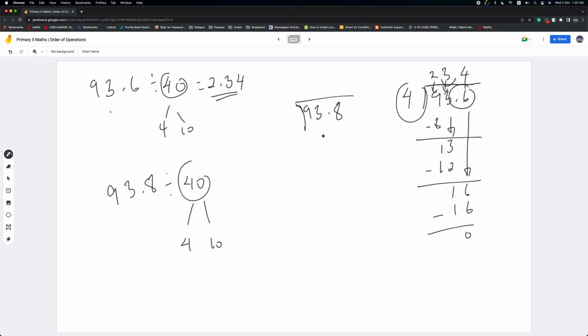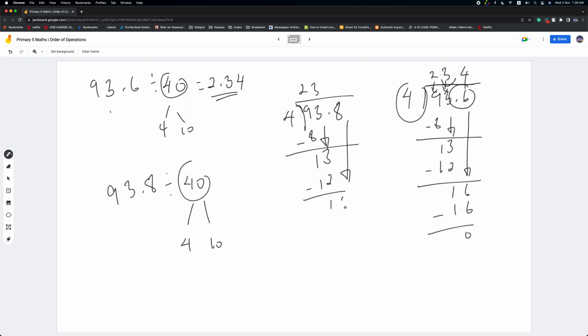Sorry about that, I got distracted. I wanted to show what happens if there is a decimal. If they say leave your answer in 2 decimal places, we'll divide by 4. Same thing. Minus, you get 1. Bring down the 3. 4 times 3, 12. Minus, you get 1.